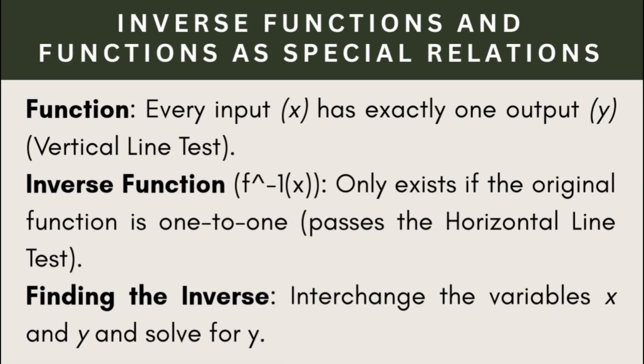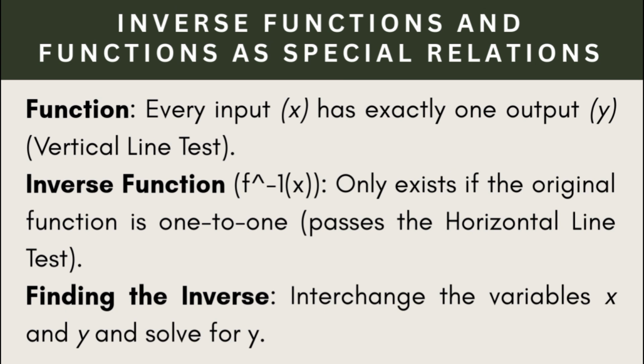So to sum up all, function is every input x has exactly one output y and satisfies the vertical line test, meaning a vertical line will only intersect the graph at one point.